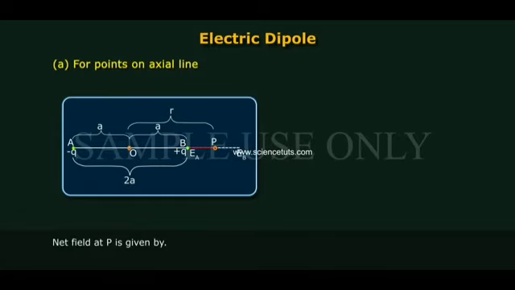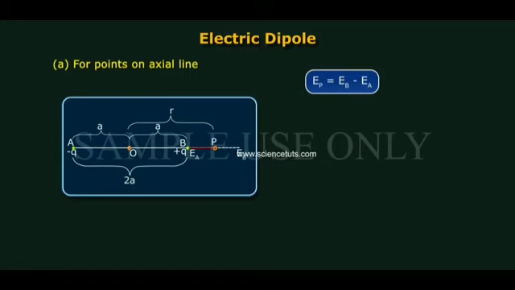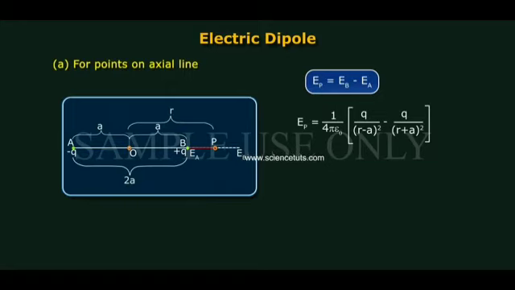Net field at P is given by EP is equal to EB minus EA, which is equal to 1 by 4 pi epsilon naught of Q by R minus A whole square minus Q by R plus A whole square.